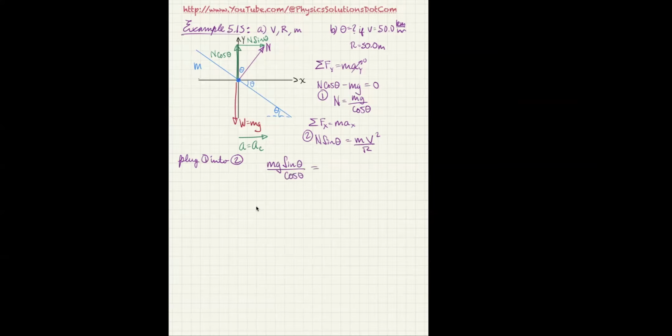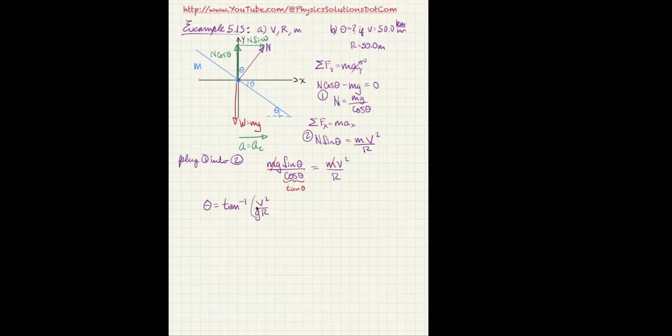All of that is equal to mv squared over r, and this is where you see that the two masses do in fact cancel out. Not only that, we recognize that sine theta over cosine theta is actually equal to tangent theta. So I can go ahead and say that theta is equal to the inverse tangent of v squared over g times r.